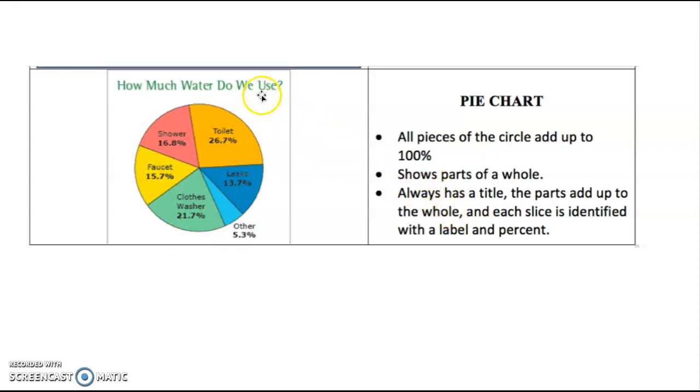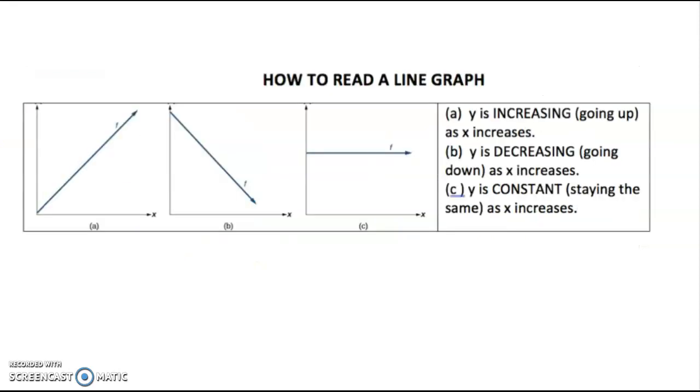Again, it always has a title, and the parts always have to add up to the whole. It has to add up to 100%, and the slices are used to show these individual pieces. They need to be identified with a label, and we're usually working with percent. So this pie chart shows how much water we use, and you can see toilets use the most water, and the other category has the least.